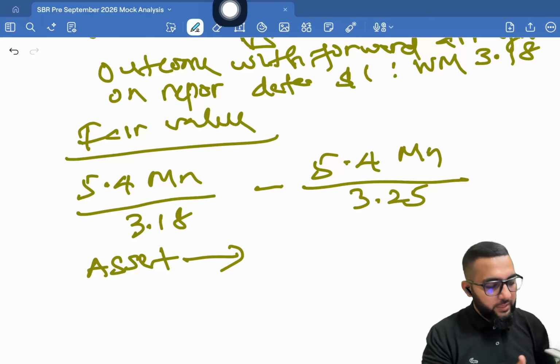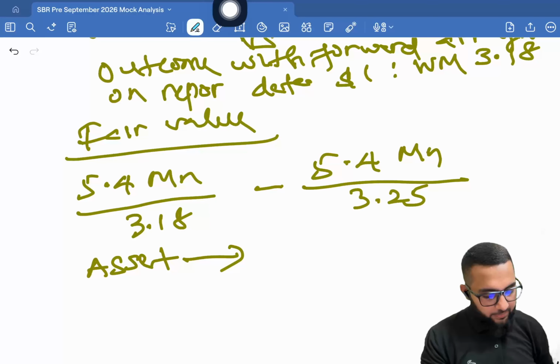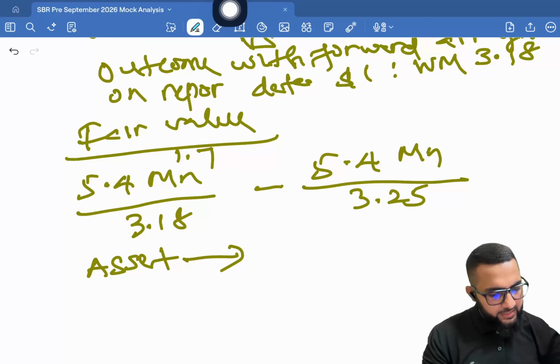Let's do the math quickly, although it's not the complete answer. 5.4 divided by 3.18 is 1.698, or let's say 1.7. 5.4 divided by 3.25 is 1.66.